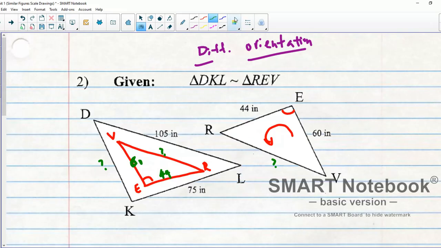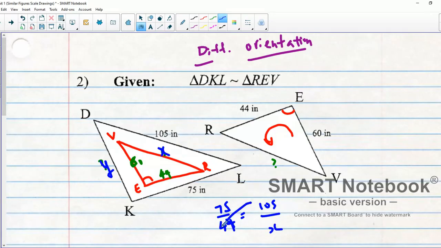All right, so let's try it. Let me use a different color. I'm looking at this one here. Actually, I can use this one. So if we go big to little, 75 to 44, outside to inside, 105. Let's call this X, a little more professional. 105 to X. Let's solve for it.